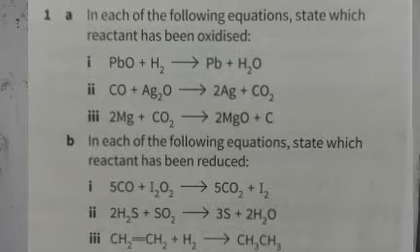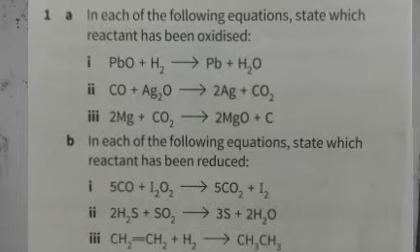Then look at the second one, carbon monoxide and silver oxide. You can see there, at the first one, the lead oxide, the lead is reduced while hydrogen is oxidized. So the question is to mention the reactant which has been oxidized. So in the first one, hydrogen is oxidized.